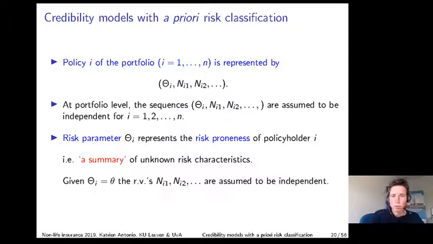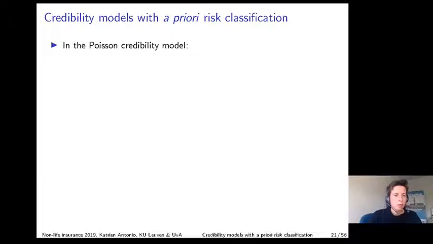From a math point of view, given the random variable theta_i takes value theta, we assume the random variables N_i1, N_i2, etc. to be independent. We are now ready to define the so-called Poisson credibility model.